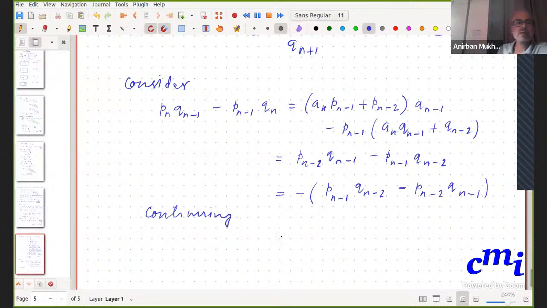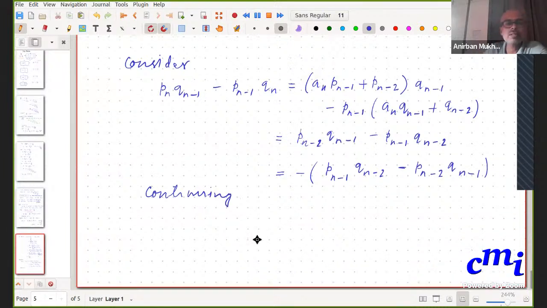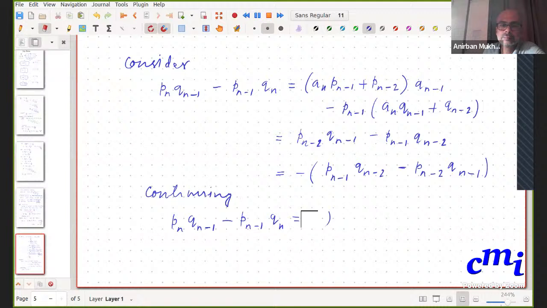So if I continue in this way, then what I get is Pn Qn minus 1 minus Pn minus 1 Qn is equal to minus 1 to the n minus 1.